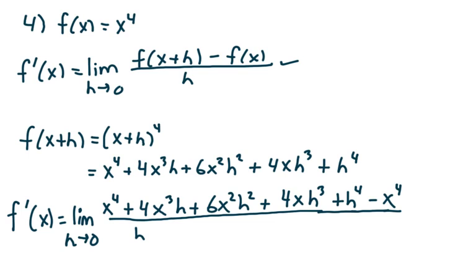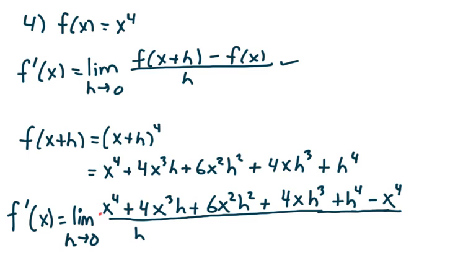Now, when I plug this in, I get f prime of x is the limit as h goes to 0 of x to the fourth plus 4x cubed h plus 6x squared h squared plus 4x h cubed plus h to the fourth minus x to the fourth, all divided by h.